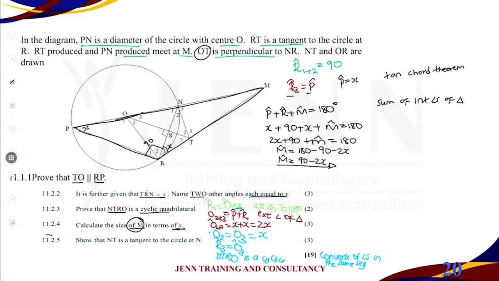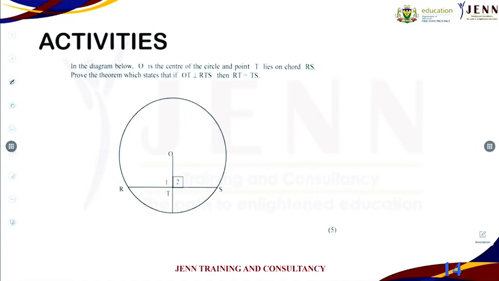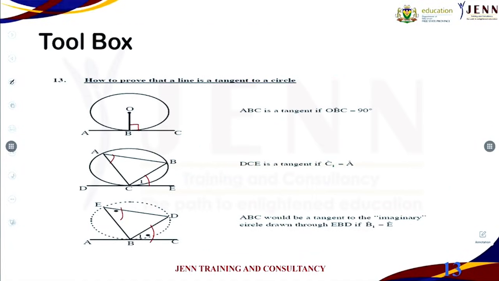In question 11.2.5, you are supposed to show that NT is a tangent to the circle at N. Remember, to show that a line is a tangent to the circle, according to our toolbox, we might have an imaginary circle, so it would be a tangent to the imaginary circle. For you to show that a line is a tangent to an imaginary circle drawn, you must prove that the size of angle B1 is equal to what?